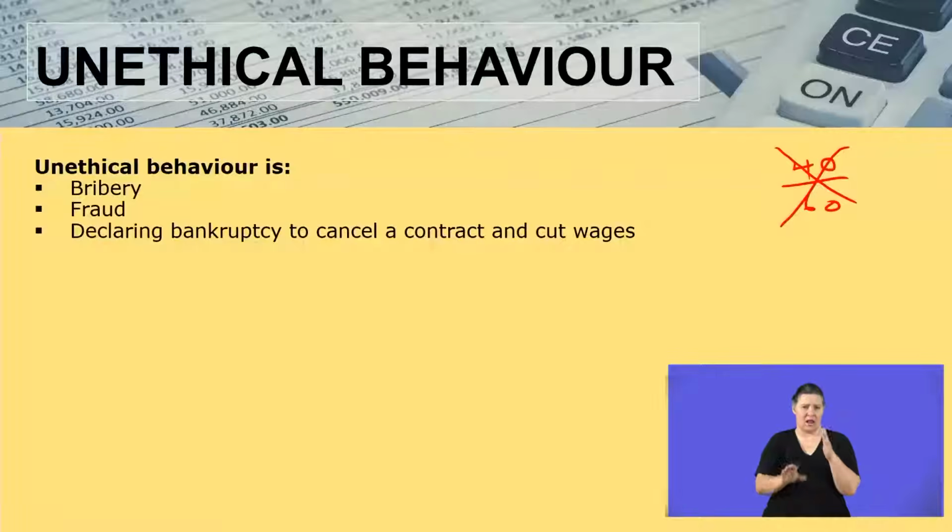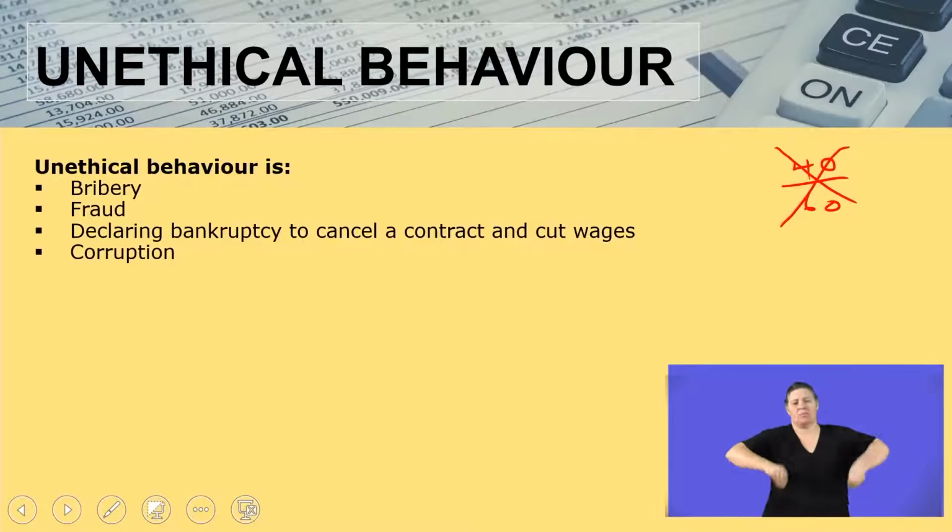And then I am also going to talk about declaring bankruptcy to cancel a contract and cut wages. Most unethical employers would make people work, let's say for a week, from Monday to Sunday. When you are supposed to get your wages, the employer comes and says, I don't have money at the bank. And you can see they have papers to prove that they don't have money at the bank.